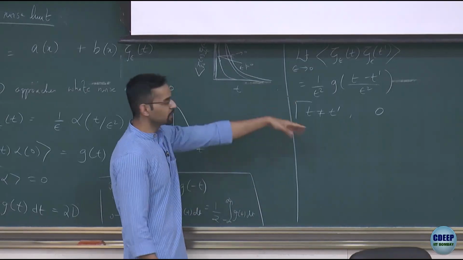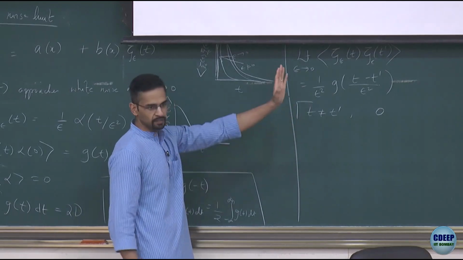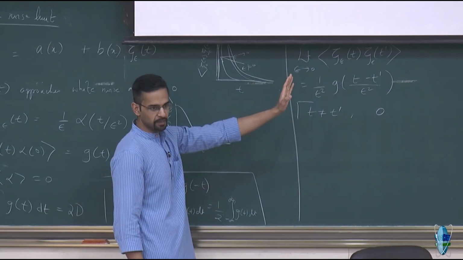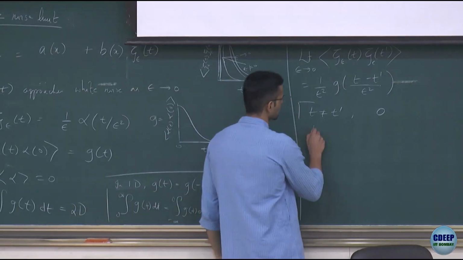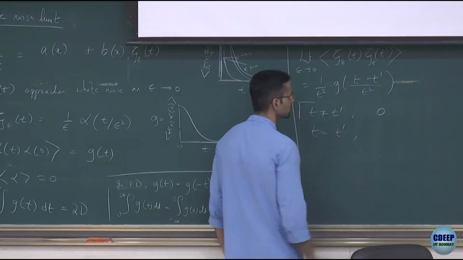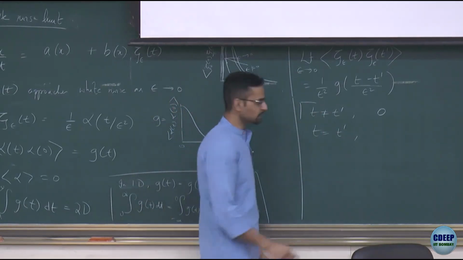So for any t not equal to t prime, I will be looking at g at some very, very large time as epsilon goes to 0, so that autocorrelation will go to 0. Right? But if t is equal to t prime, then I'll immediately get g of 0 by epsilon squared. Right?